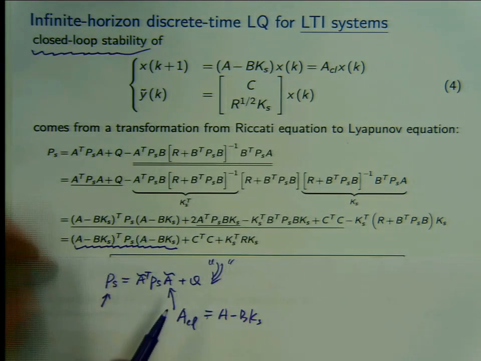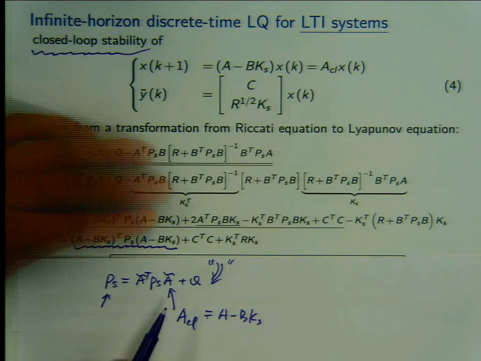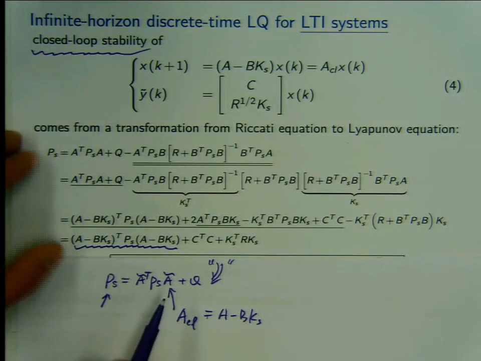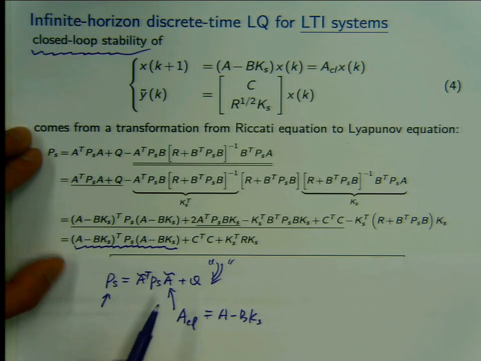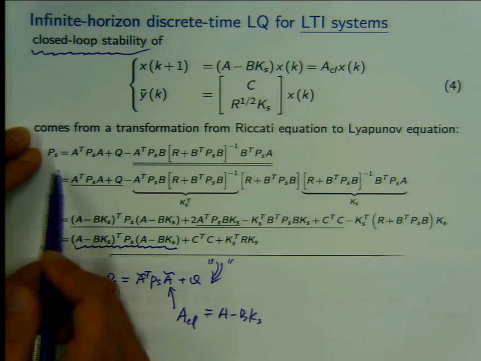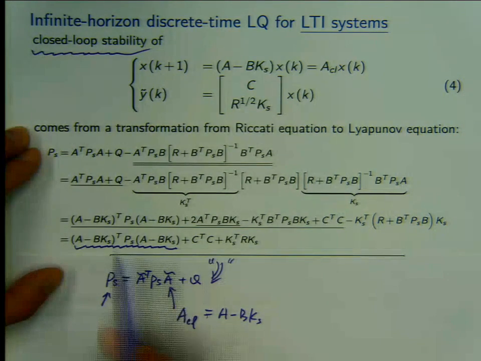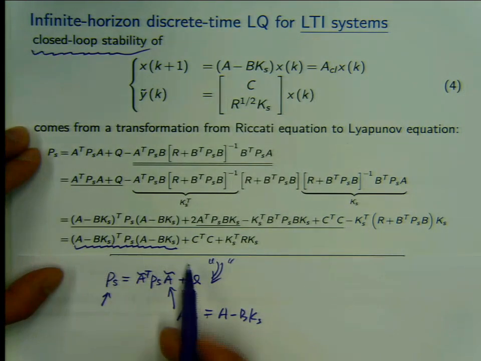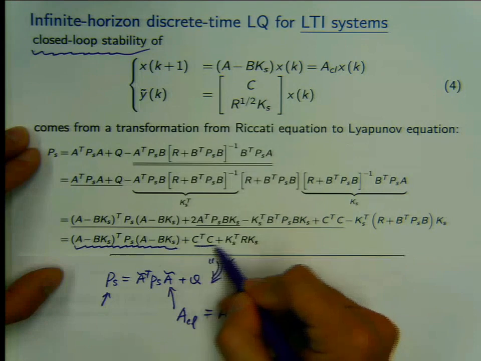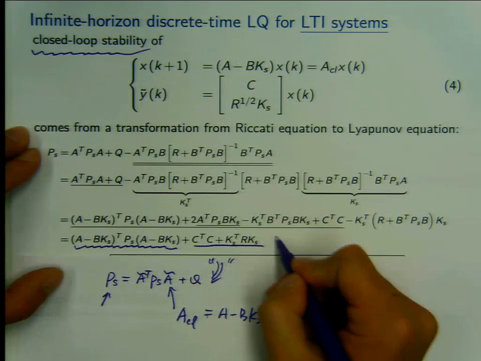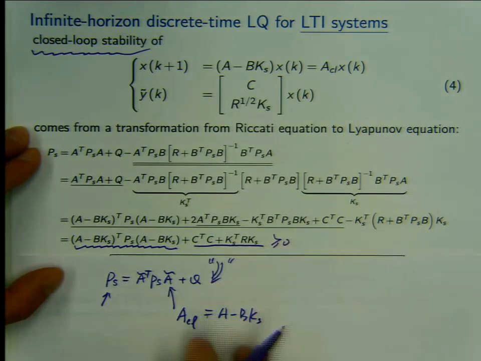We're going to talk about this detailed math later. But if we can arrive at this, and we have shown PS is positive definite, then what does that mean? From this Lyapunov equation, this matrix here is always positive semi-definite, right?